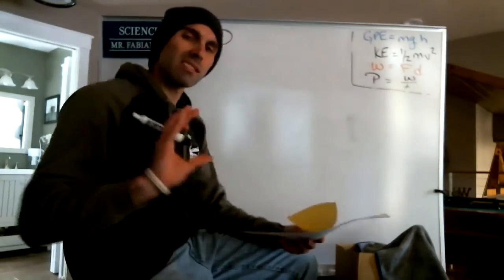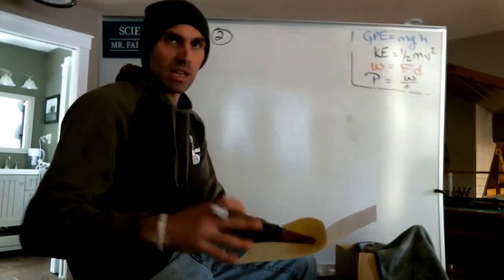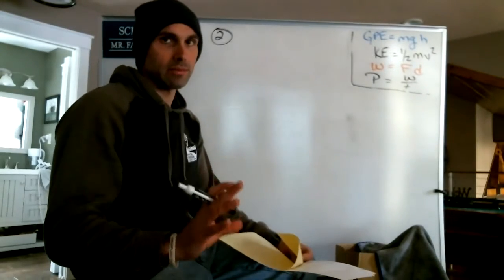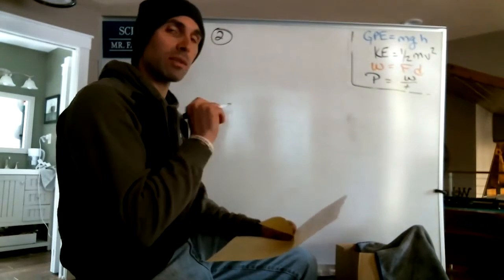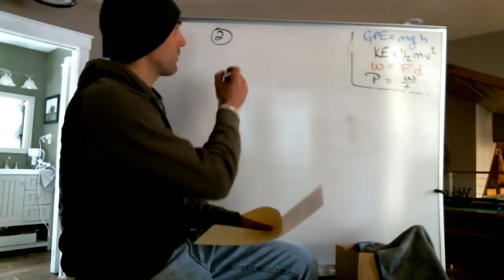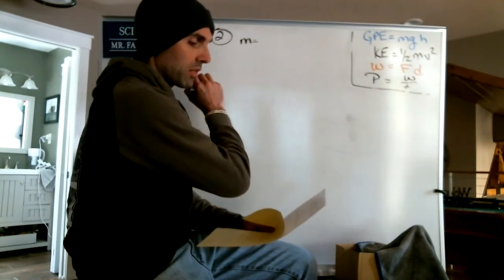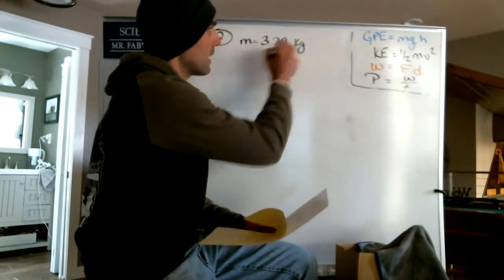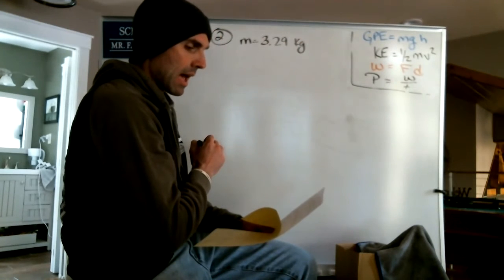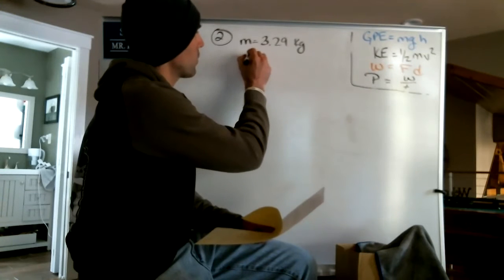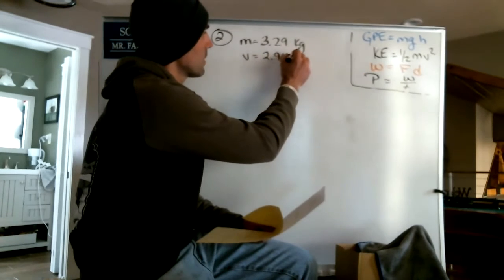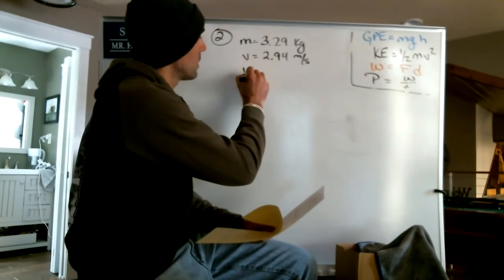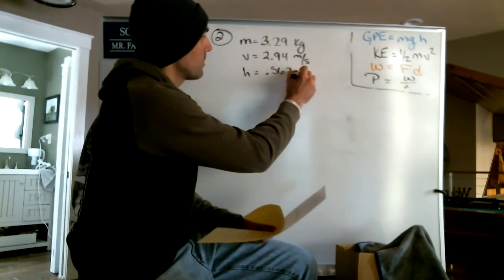Okay, this one is slightly different. And I know you're saying, well, Mr. F, why did you put it on a conservation of energy sheet? I apologize, but it's still very important to go through. Let's write down all the information we have. We have a mass of 3.29 kg, a velocity of 2.94 meters per second, and a height of 0.562 meters.